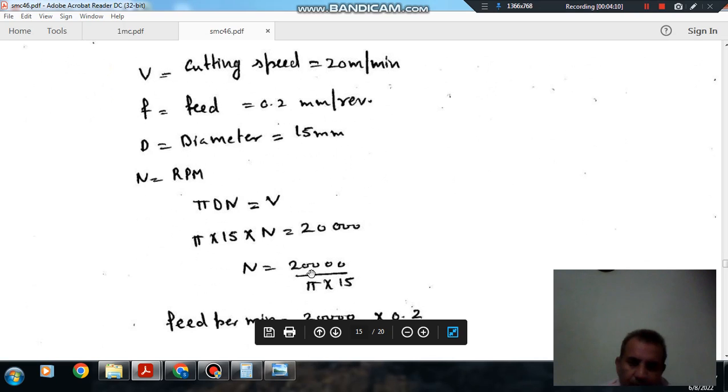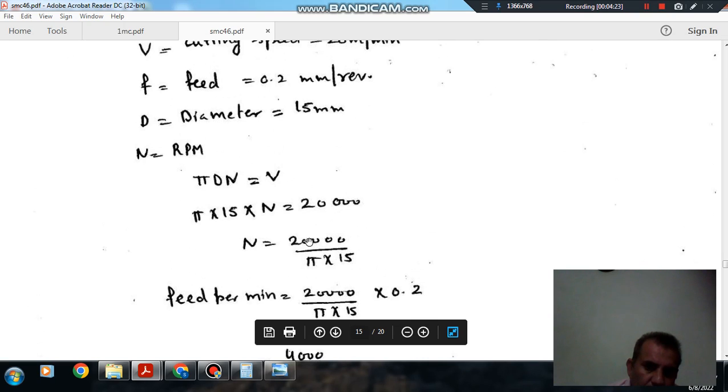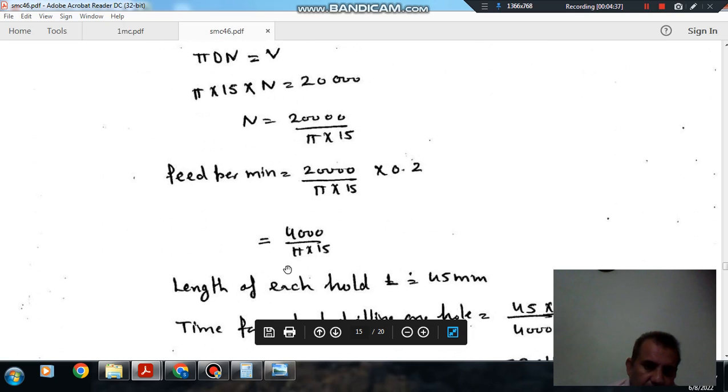So n will be 20,000 by pi into 15. Feed per revolution is given, so feed per minute will be f multiplied by n. So that will be 4,000 by pi into 15. So feed per minute is this.